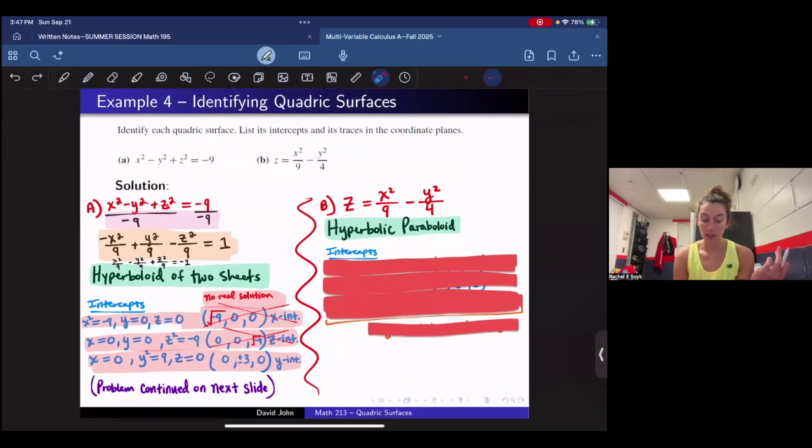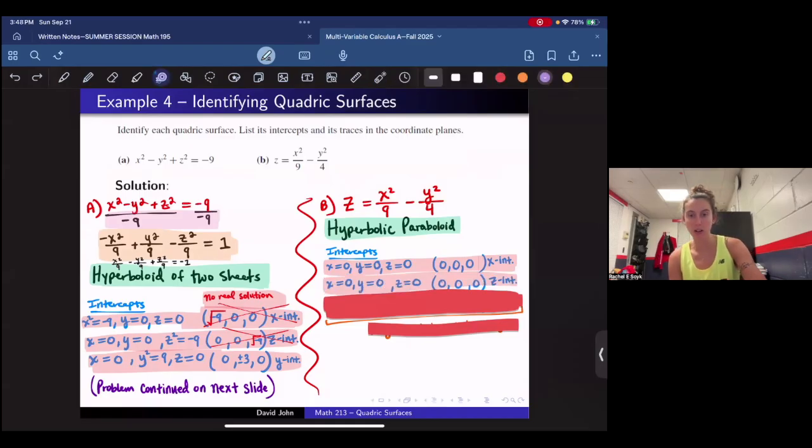Let's identify the intercepts. First one, x-intercept. So when our y is equal to 0 and z is equal to 0, we get x squared is equal to 0, which means x is 0, so 0, 0, 0. Great. Now let's find our z-intercept. So when x and y are 0, we also get 0, so we get 0, 0, 0 for our z-intercept.